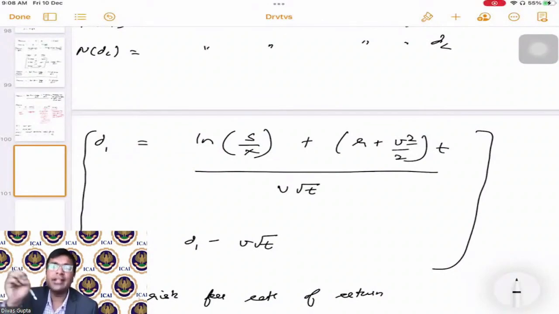To value that uncertainty, we are using this V, the standard deviation, because that will account for all the unexpected movements in the price or in the returns. Hence this Black-Scholes model covers everything.